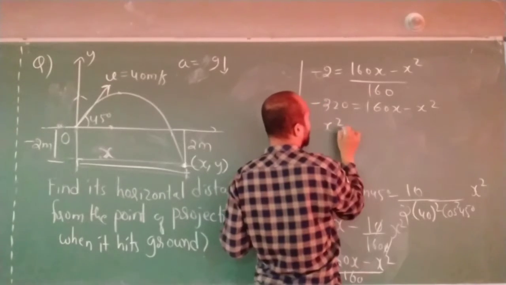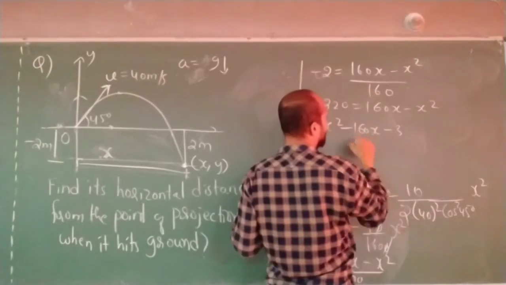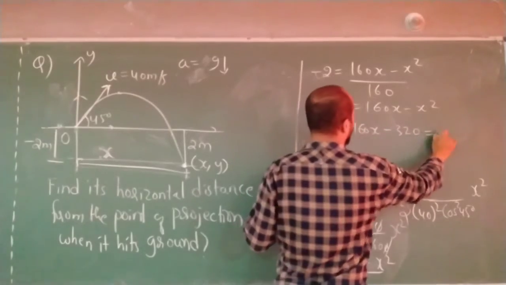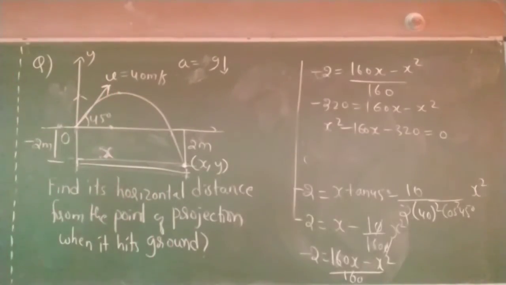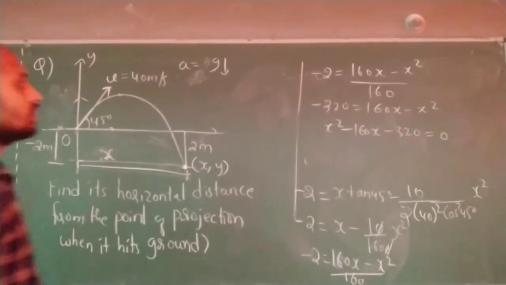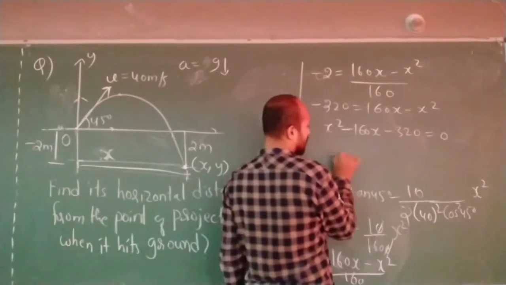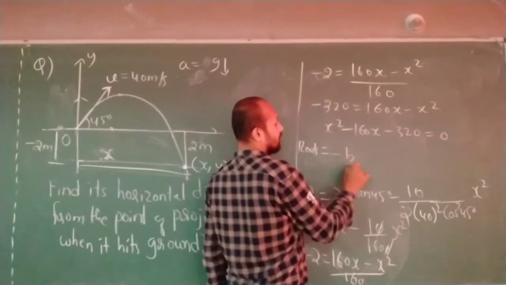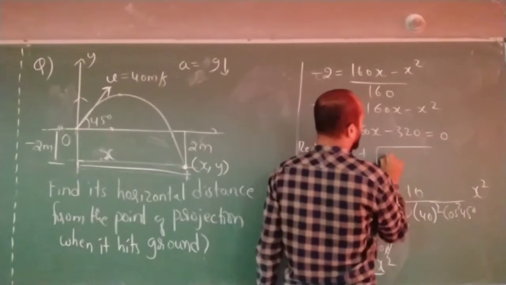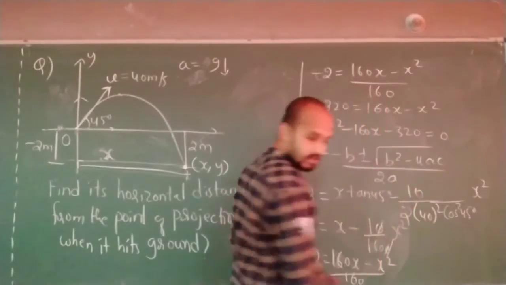X square is equal to 160x plus 320, that is x square minus 160x minus 320 equal to 0. Got it, now? So now find out the roots here. To find the roots, minus b plus or minus root of b square minus 4ac divided by 2a.